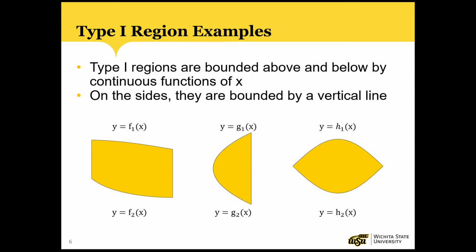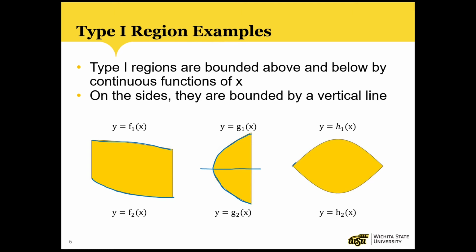Here are some more examples of type 1 regions. This is the example from the previous slide. We see that we have the continuous curve on the top and the bottom here. For this example, we can imagine there being continuous functions of x if we split it in half and look at those two pieces as being our continuous curves.